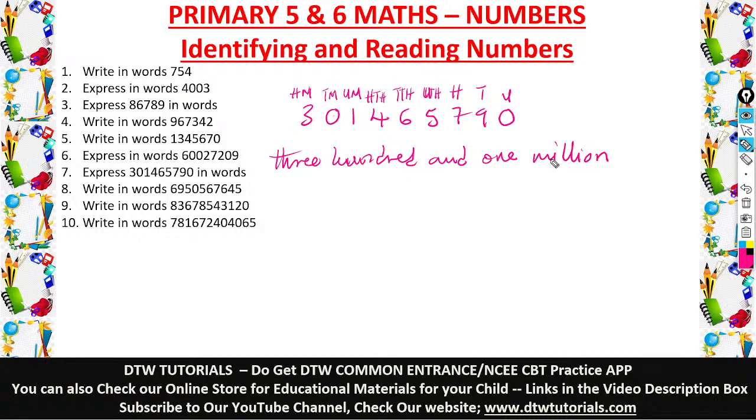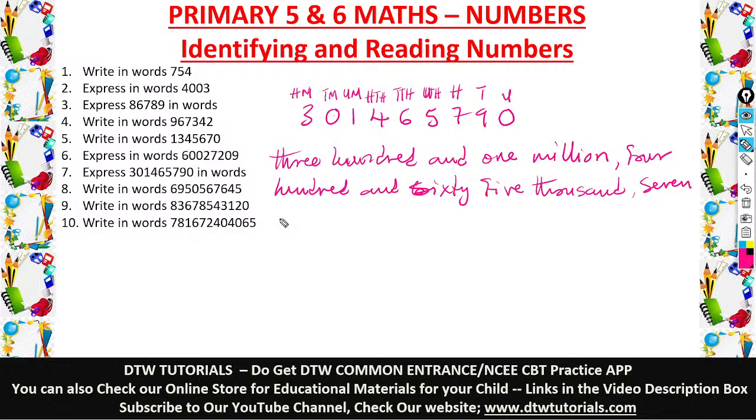Okay, 301 million, comma. Now the next one is in thousands, so we are going to do 465,400, and 65,000, okay, comma, 700 and 90.